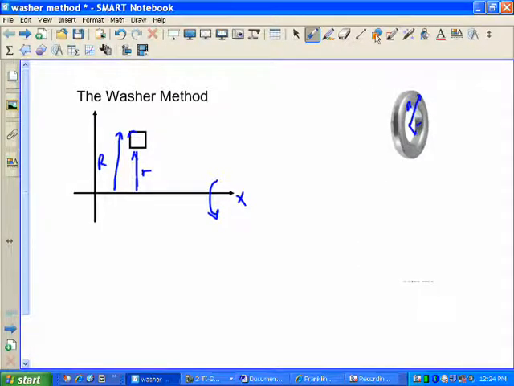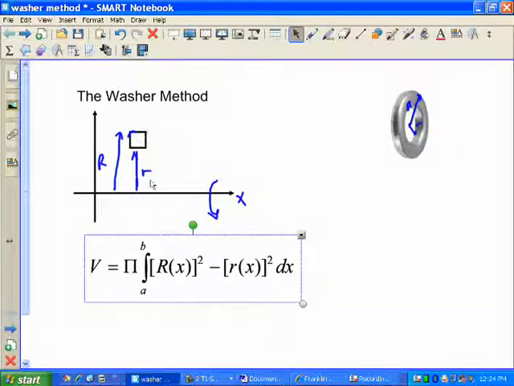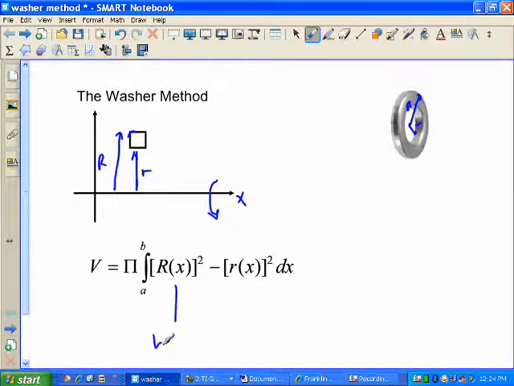In terms of the process, it's very much like what we did yesterday with the disk, except that instead of just doing the area of a solid surface, pi times the radius squared, we've got to subtract away the area of the hole. So this gives me the area of the whole thing, and then this part gives me the area of the hole.